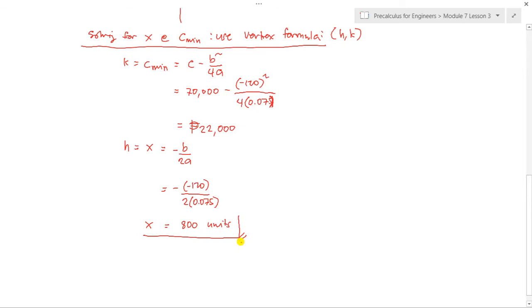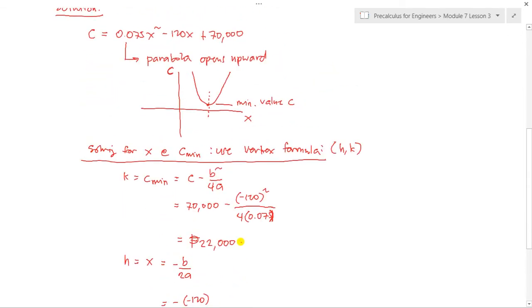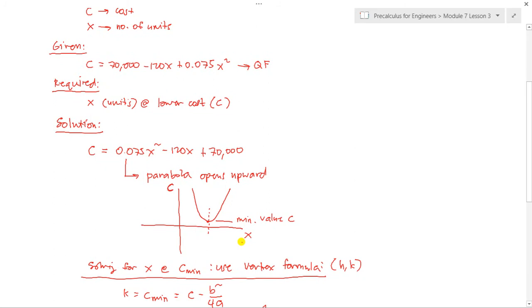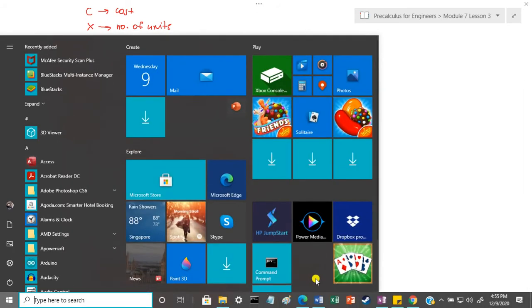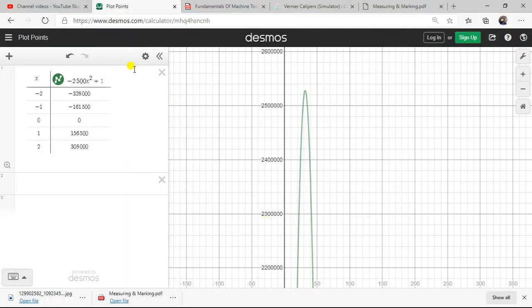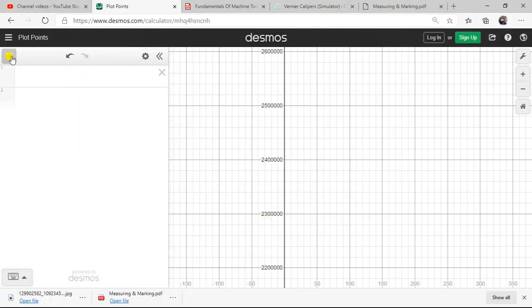Now we will verify this by plotting our quadratic function that we generated based on the given. So this is 70,000 minus 120x plus 0.075x squared. We will graph it using Desmos, an online graphing calculator.